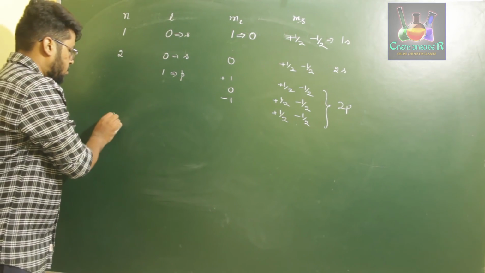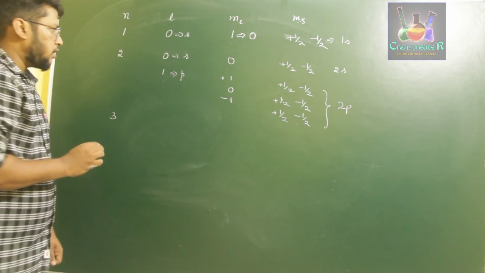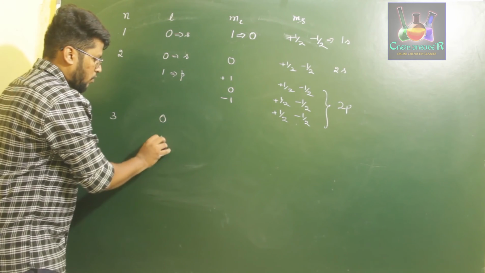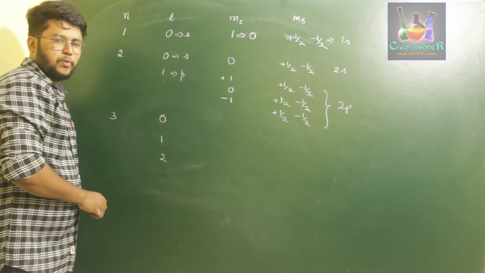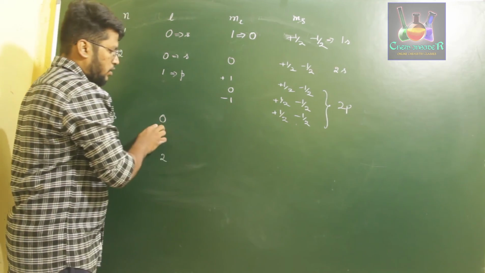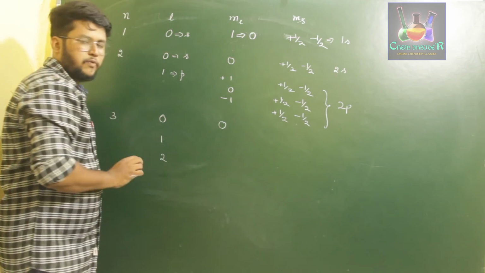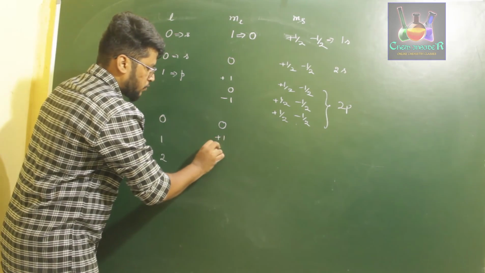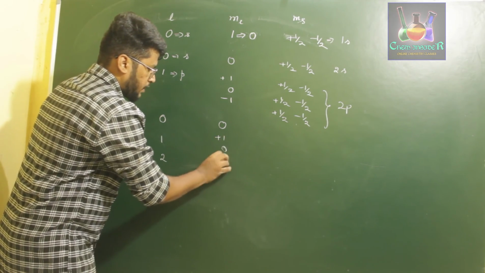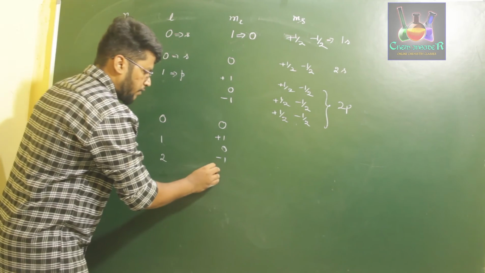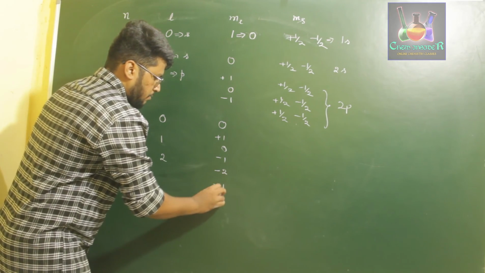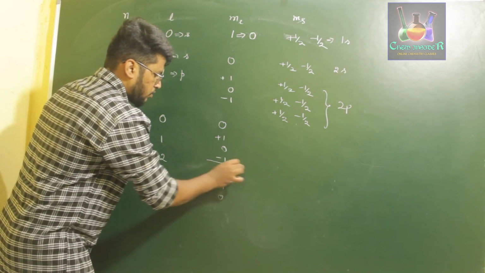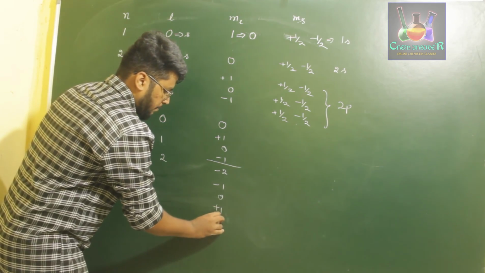Next, if you consider n is equal to 3, l can have three values: 0, 1 and 2. For 0, ml has one value, which is 0. For 1, it has three values: +1, 0, -1. And for 2, it has five values: -2, -1, 0, +1, +2.